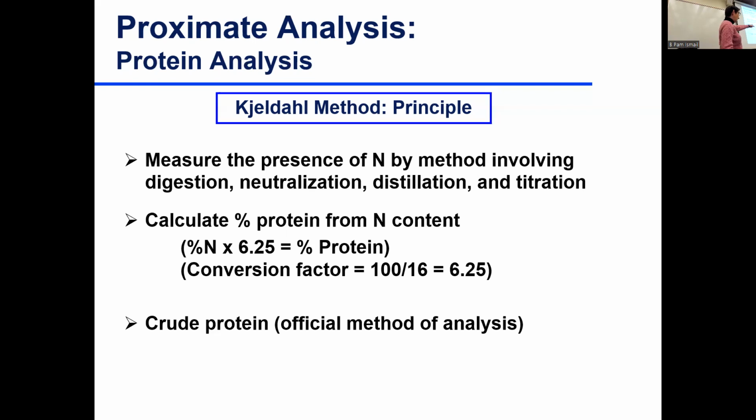So it's bigger than 6.25. So the nitrogen content is lower than 16%. Whereas wheat, you have more nitrogen due to higher basic amino acid content. So you have about a 5.6 conversion factor. So when this number here is higher, you get a lower conversion factor.